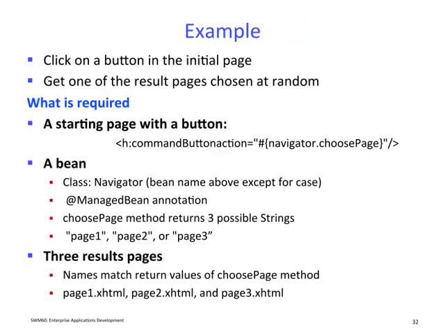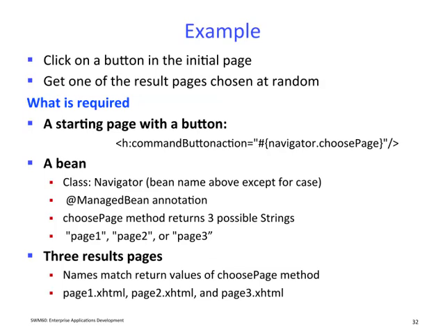So, an example. The example is a click. There will be a button on the initial page, and what we get is that we will be navigated to any of the pages chosen by random. So what do we need? Okay, we need the starting page with the button. So we specify the command button action object with the bean navigator and the choosePage method for that bean.